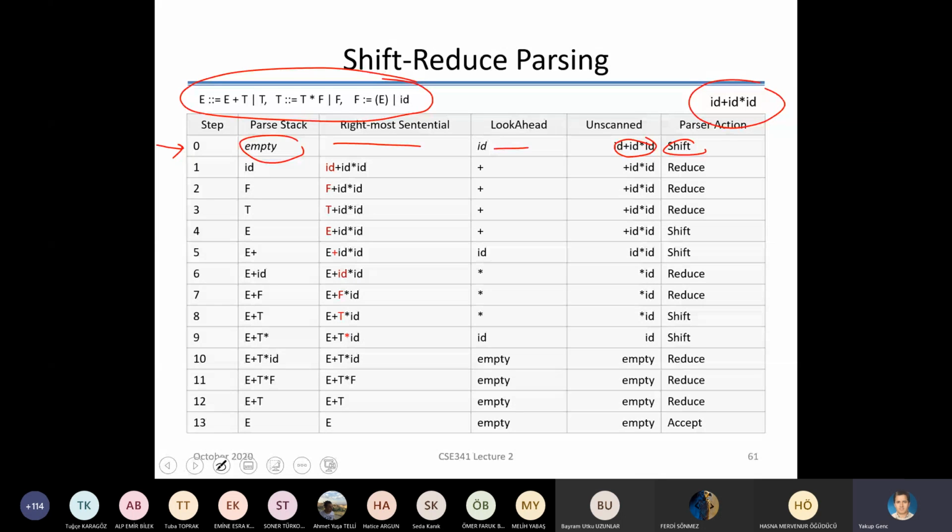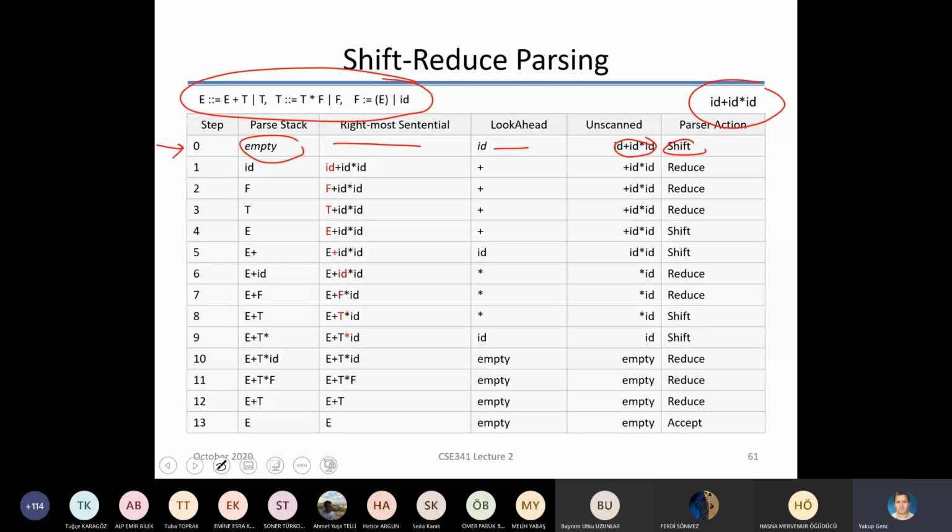No, I don't see any problem so far. Am I done? No, my stack is empty. To be done, my unscanned input should be empty, and my parse stack should have only the start symbol.